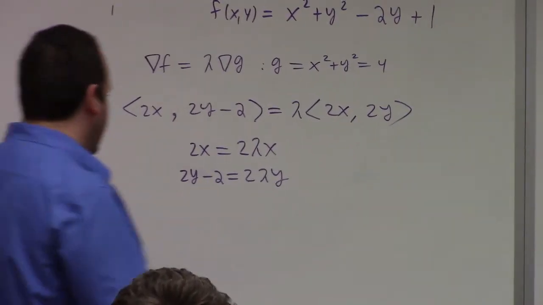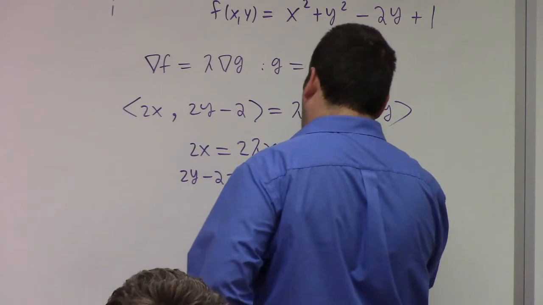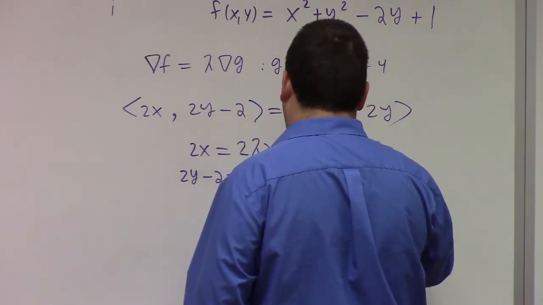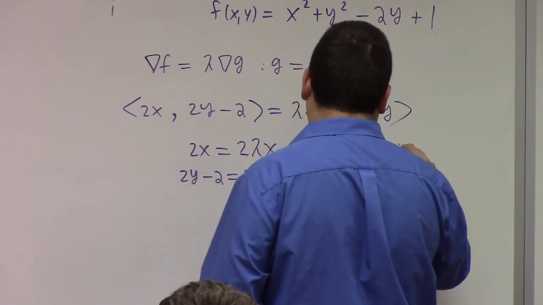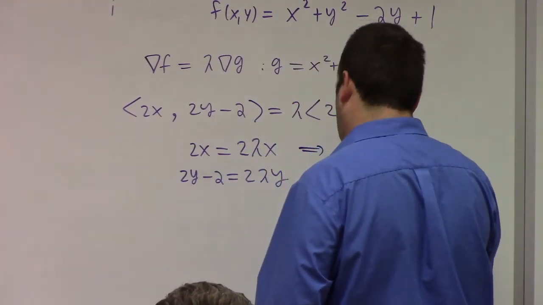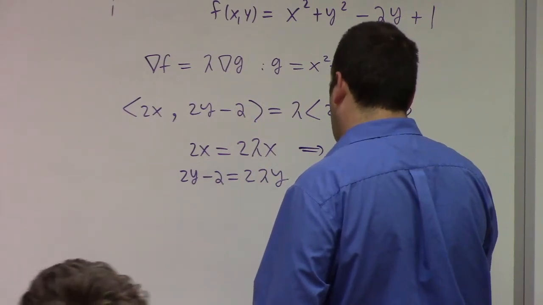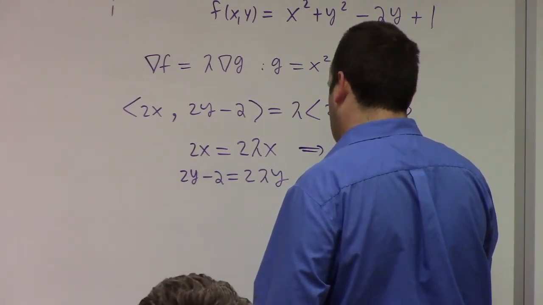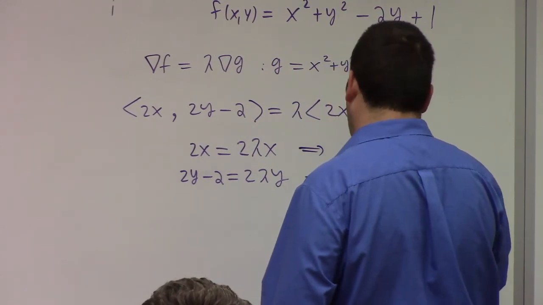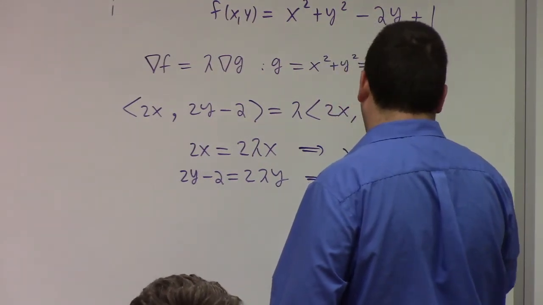Let's see here. So I can get rid of the 2's, and this gives me x times 1 minus lambda equals 0, and y minus 1 is equal to lambda y, I suppose.